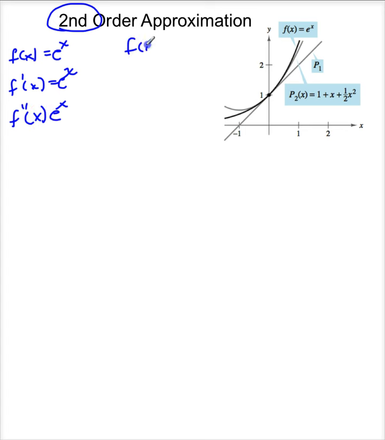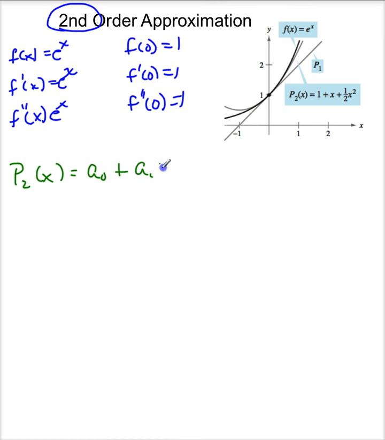So f of 0 is 1, f prime of 0 is 1, and f double prime of 0 is 1. Now what does my polynomial approximation look like? Well, the second order approximation is going to be a0 plus a1x plus a2x squared.